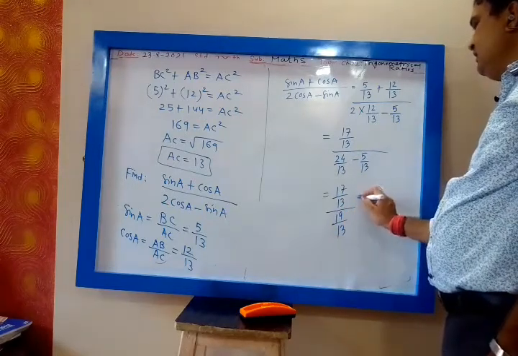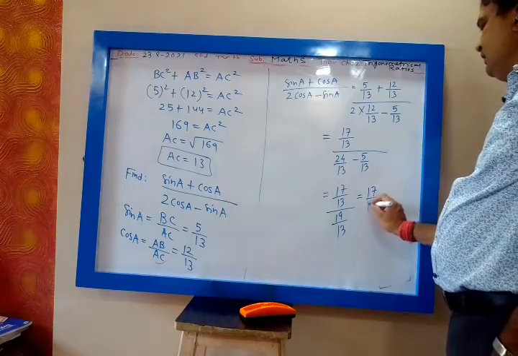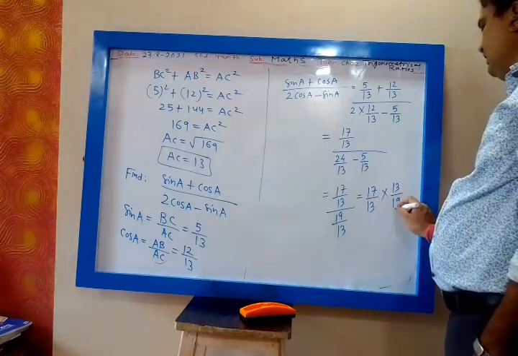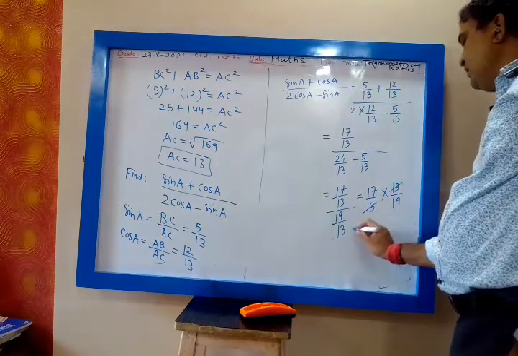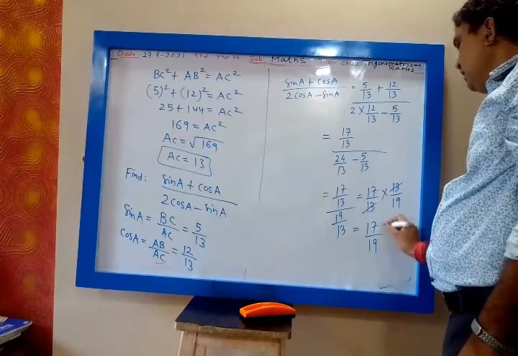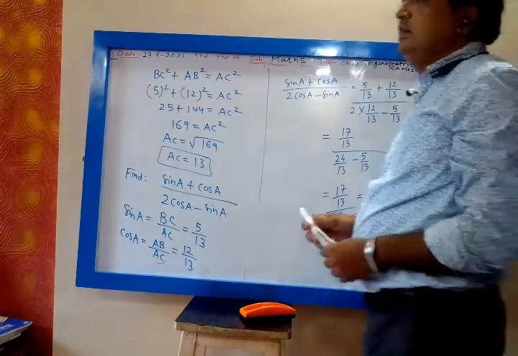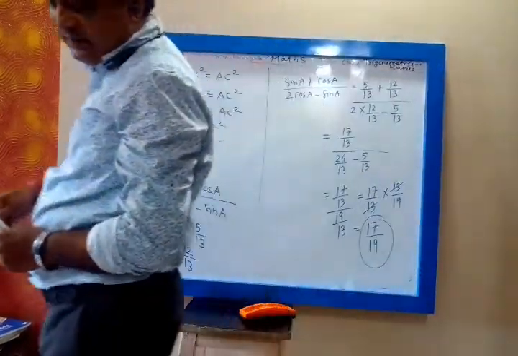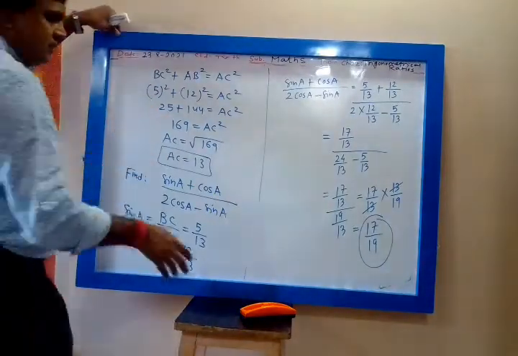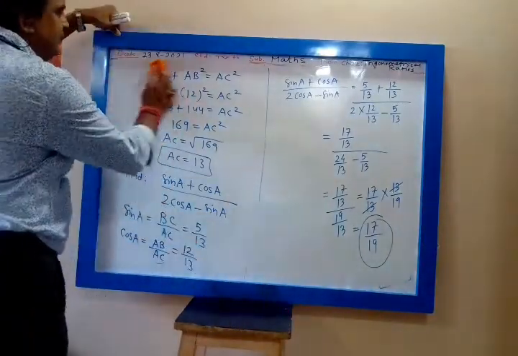Okay. So that is same as 17 by 13 multiplied by reciprocal 13 by 19. 13 gets cancelled. Answer is 17 upon 19. We cannot convert this into mixed fraction because this is a proper fraction. Is it clear?